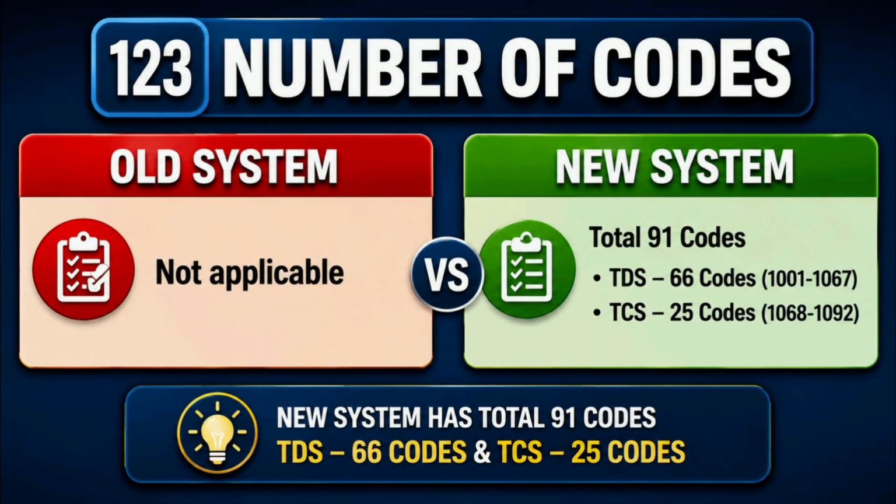Then third aspect, number of codes. Not applicable in the old Income Tax Act, but applicable in the new Income Tax Act: a total of 91 codes, with 66 TDS codes, 1001 to 1067, and 25 TCS codes, 1068 to 1092.